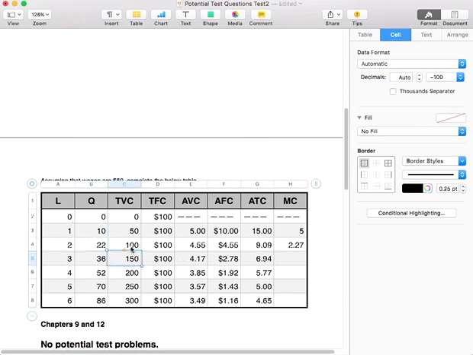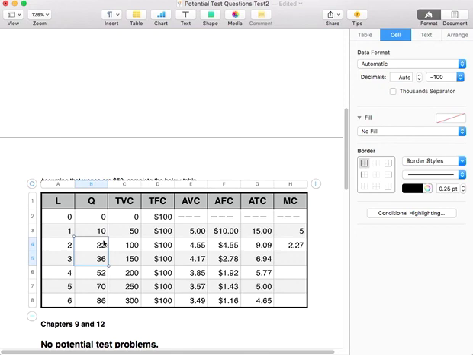For 3, we see that our variable cost increased by 50, from 100 to 150. So our numerator again is equal to 50. The denominator is going to be equal to 36 minus 22, which is equal to 15. So we have 50 divided by 14.